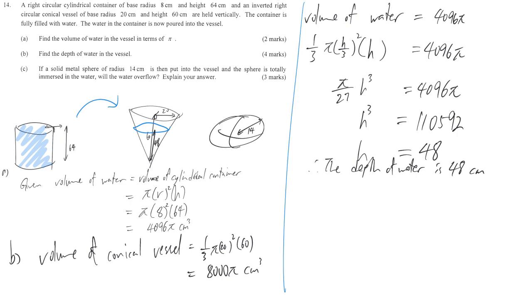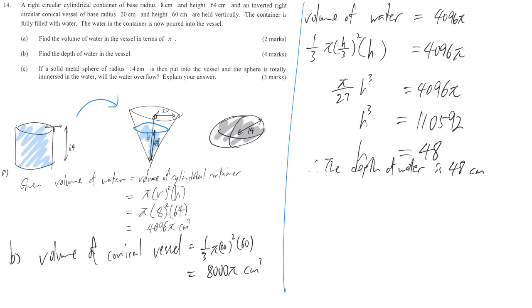That means will the water inside together with this sphere overflow. So basically they are just asking you to compare two things. The first thing is the total volume of this container. The second thing is the water and the sphere.